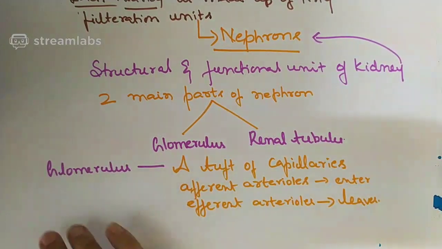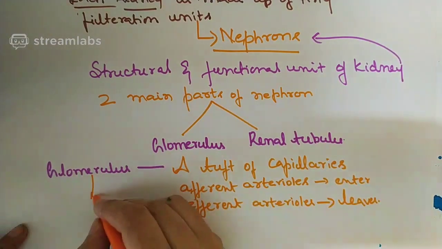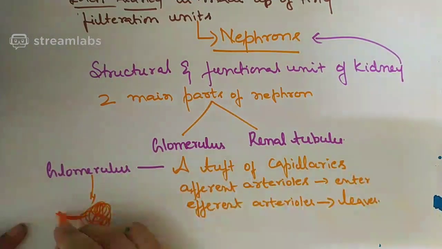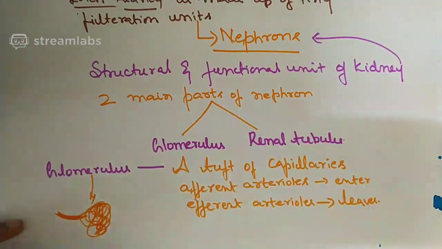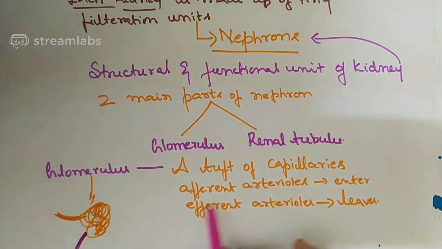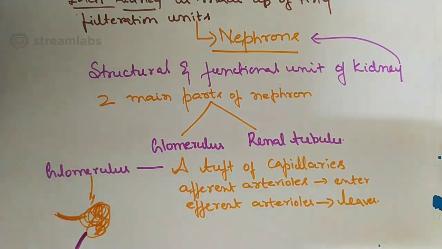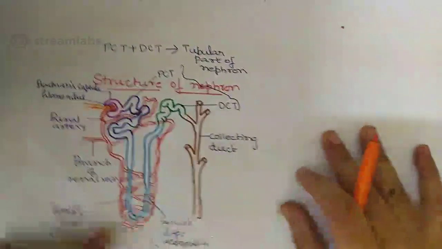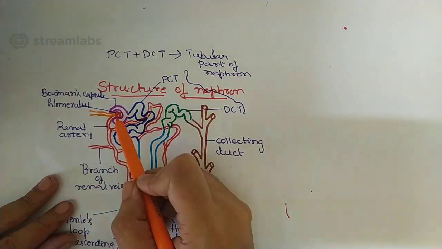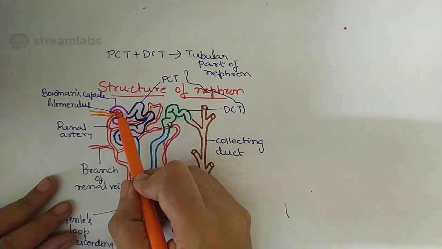So the glomerulus is just a tuft of capillaries, where you have to show one arteriole entering and another arteriole leaving. Entering is afferent and leaving is efferent. See, this is a nephron, and this part is the glomerulus.